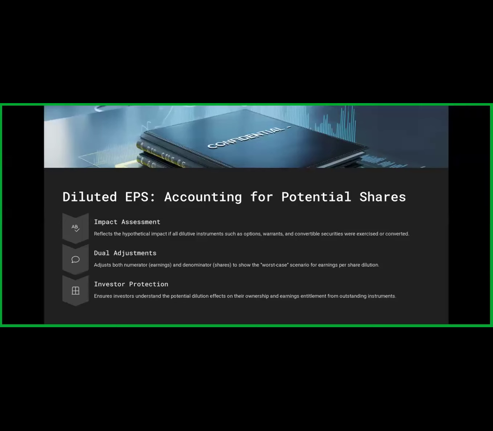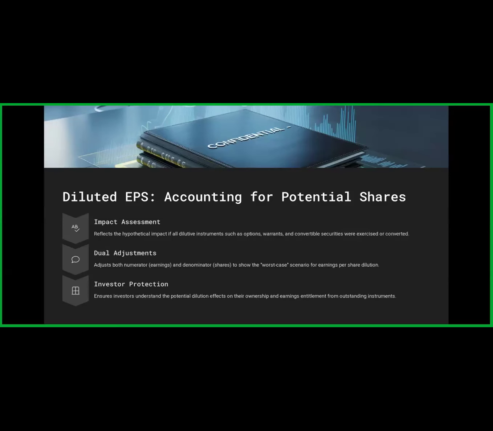So impact assessment. What is the impact of the diluted EPS? It reflects the hypothetical impact if all the dilutive instruments such as options, warrants, and convertible securities, that means the equity-related bonds which we can directly convert into equity shares, were exercised or converted.